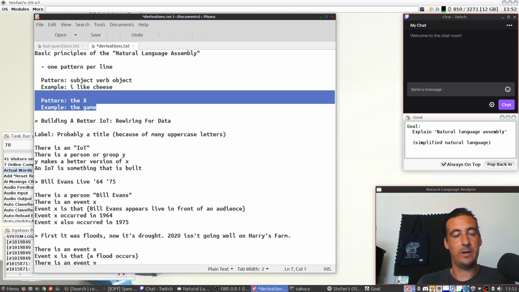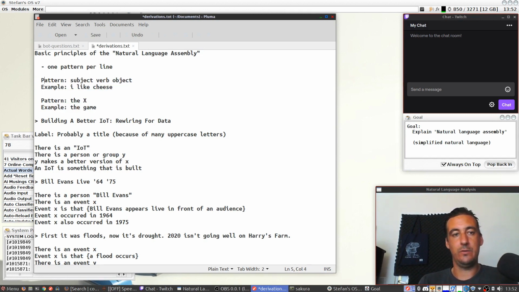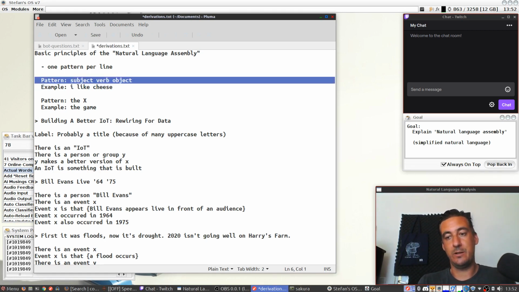So that's what patterns and examples are. And if you use this in a general way, it is true for any language. Any language whatsoever has patterns and examples. If it's a graphical language, if it's a spoken language, if it's a typed language, it doesn't matter. There will be patterns and examples and a match between these.